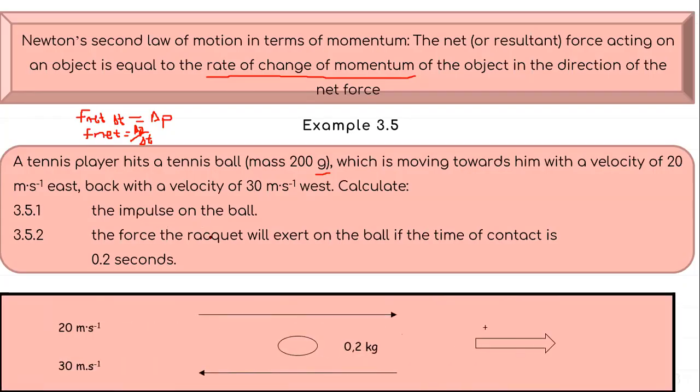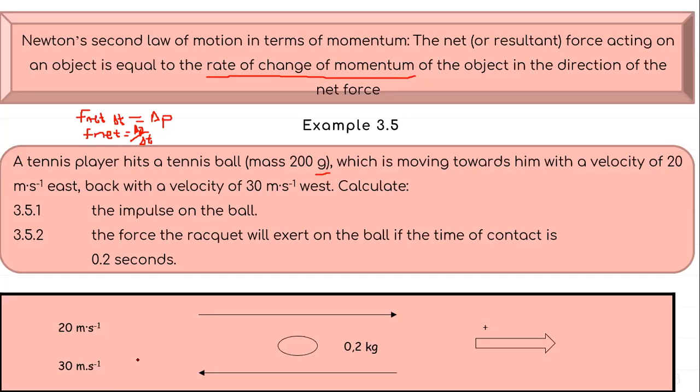Now, this is what is happening. The tennis ball was moving towards the tennis player with a velocity of 20 meters per second. And the tennis player hit that particular tennis ball, and then it went back in the direction from which it came, but with a velocity of 30 meters per second.